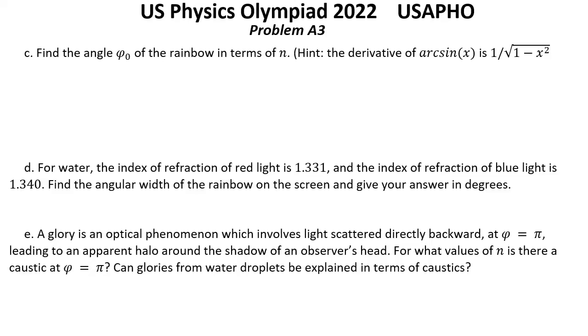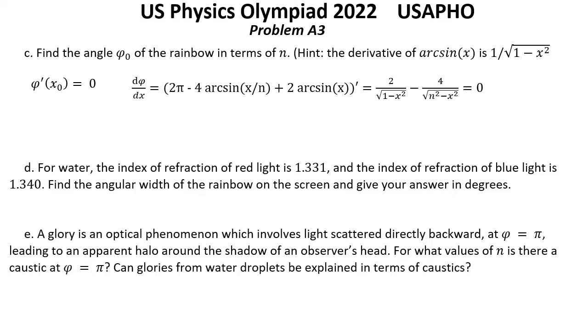Solution for question C. Find the angle φ0 of the rainbow in terms of n. Hint: the derivative of arcsine x is 1 over the square root of 1 minus x squared. Solution. The condition for a caustic is φ prime equals 0.